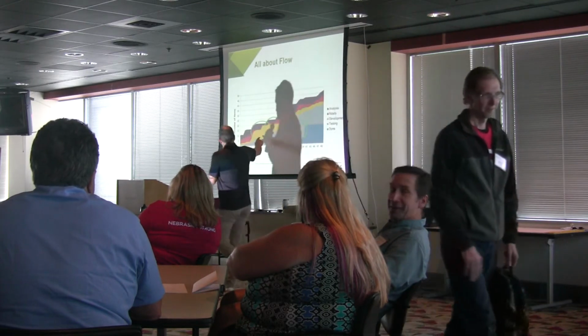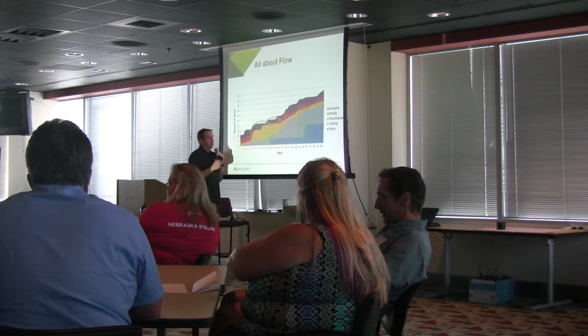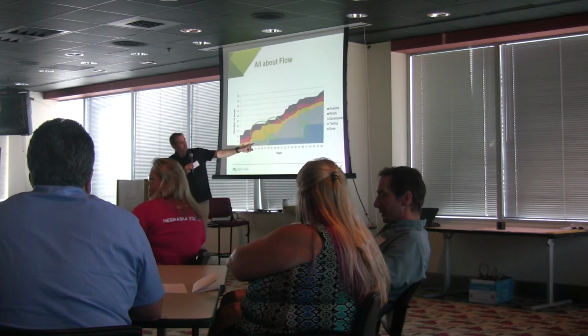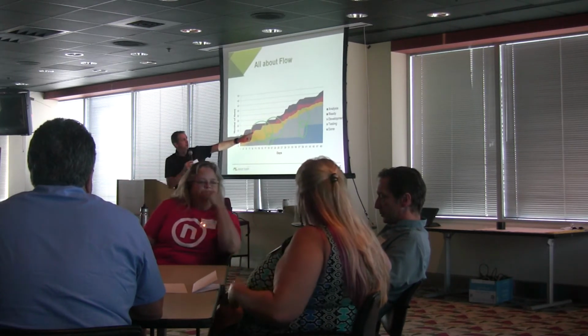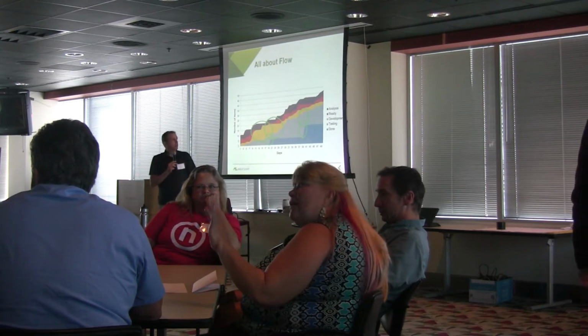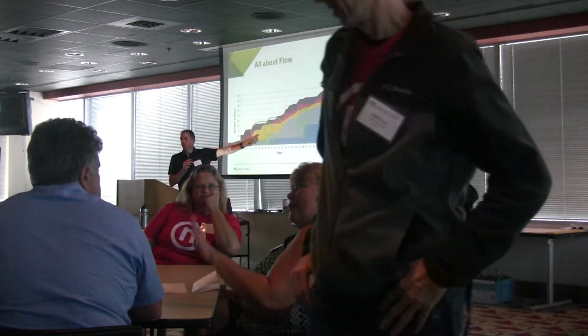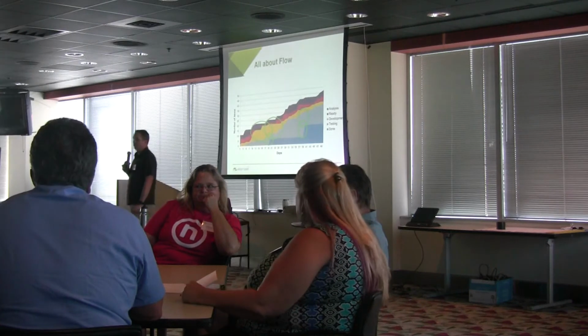If I look at this band here, if this is the stuff that's testing, this is the stuff that's in development, the red is what's ready. What do you see here? What do you notice?